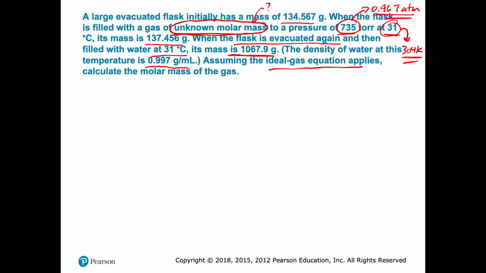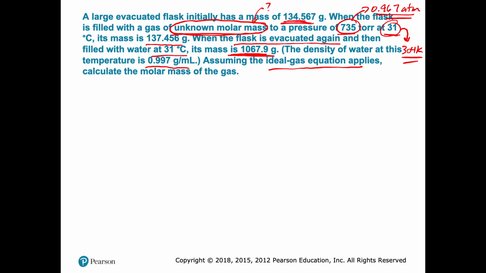The first thing to do here is figure out the volume of the gas, because you need that for the rest of the equation. We can do that by using the mass of the flask filled with water, and subtracting from it the mass of the flask when it's empty.